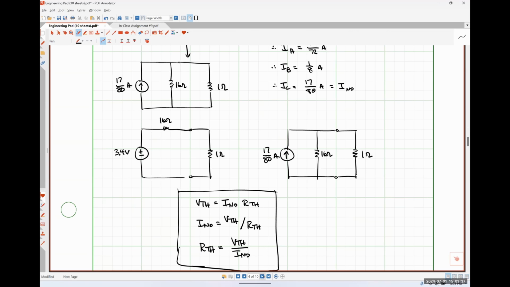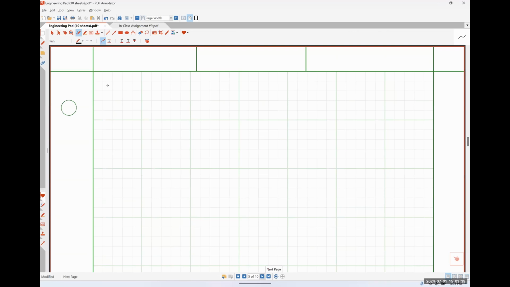All right, so let's look at example number 2 and revisit that one. I'm going to redraw our circuit.